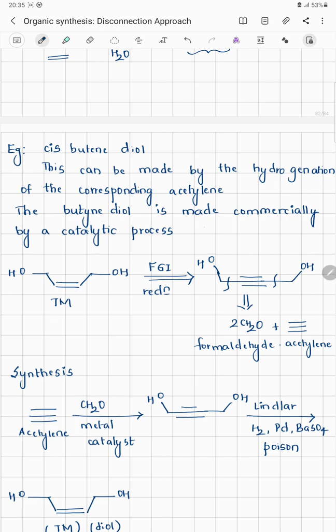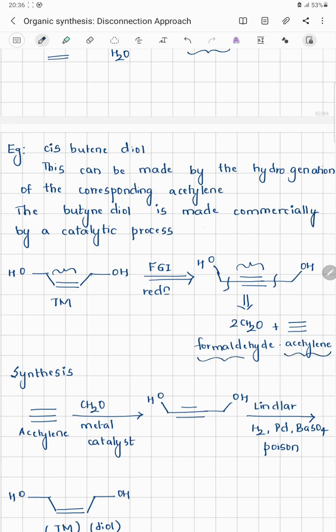The target molecule, under functional group interconversion, this double bond system can be converted to a triple bond system, that is the C triple bond C system. That is my alkyne system. Further, upon a C single bond C cleavage, it is going to give me one synthetic equivalent as an acetylene system.